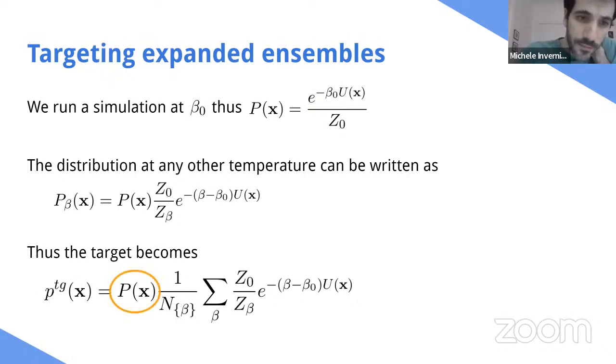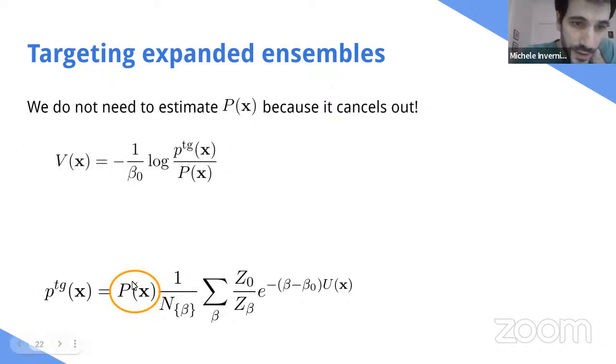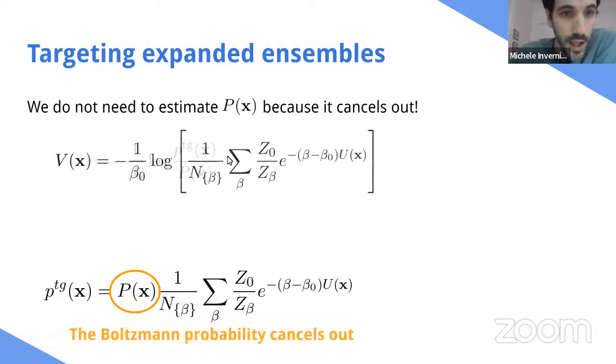What I care about telling you is that basically you can rewrite your target distribution as your P of X times something. This means that when you have to write the bias potential, these two terms cancel out, and your bias potential does not depend on the Boltzmann probability distribution anymore. This is good because this is a very high dimensional object and it's also hard to sample.